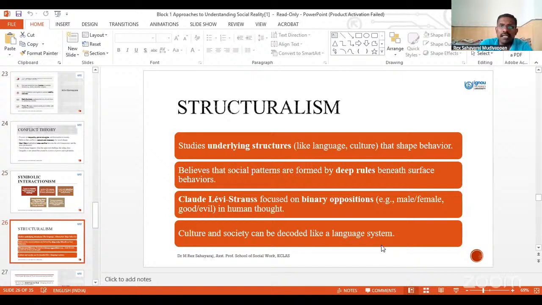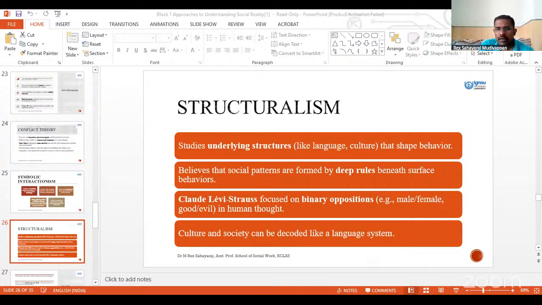All right. Structuralism studies underlying structures like language and culture that shape behavior. Our language and culture shape behavior. The belief is that social patterns are formed by deep roots beneath surface behavior, right? These are certain things we need to study in depth.